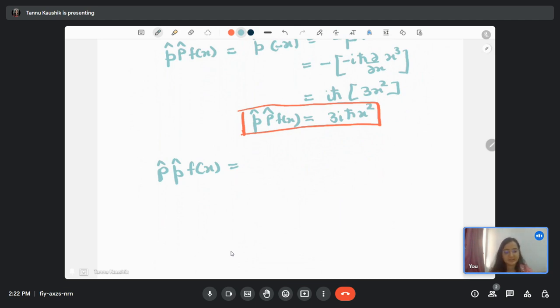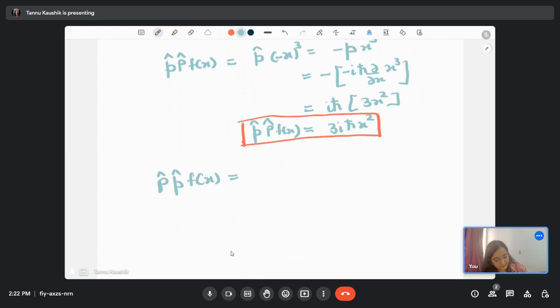Now let us check whether the other order is giving us the same value, that is 3 iota h bar x square, or something else. Parity operator times the momentum operator, which is minus iota h bar del by del x, operating on f of x.